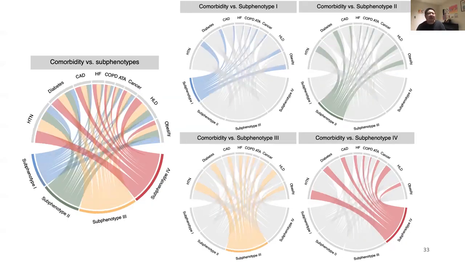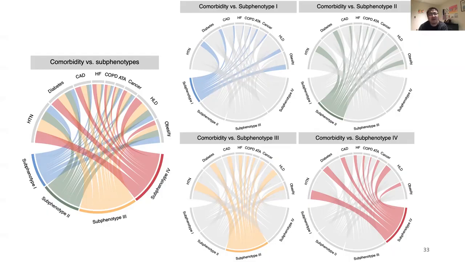And this is a characterization of those four subphenotypes according to the comorbidities. Still, we can see subphenotype 1 patients are associated with the smallest proportion of comorbidities. Subphenotype 4 is associated with the largest proportion of comorbidities.